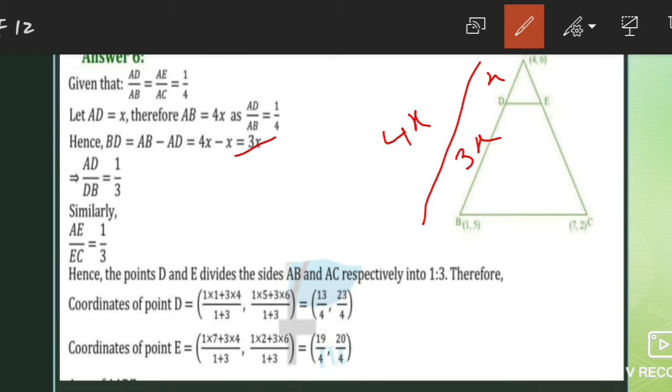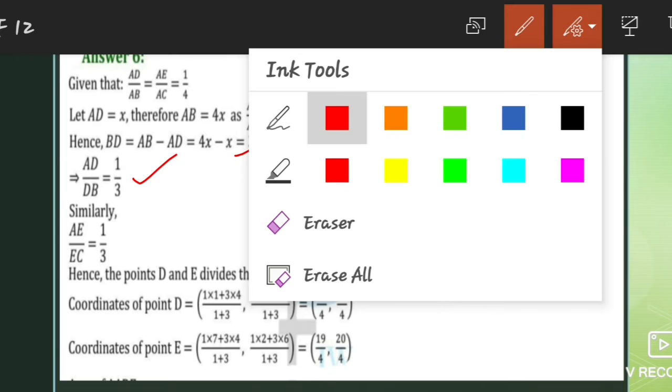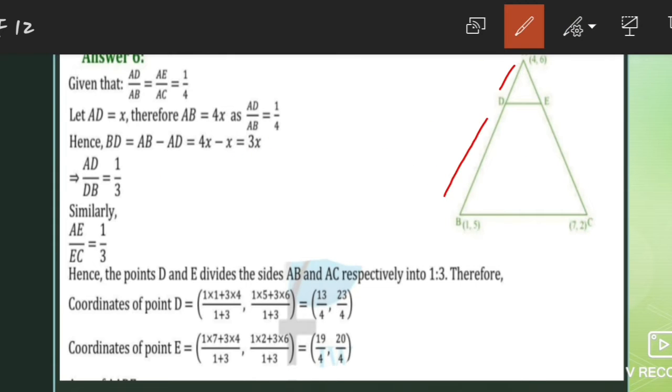Now if you find the ratio of AD and DB, it will be x by 3x, that is 1 by 3. So you get AD by BD is equal to 1 by 3. Similarly, AE by EC is also 1 by 3.